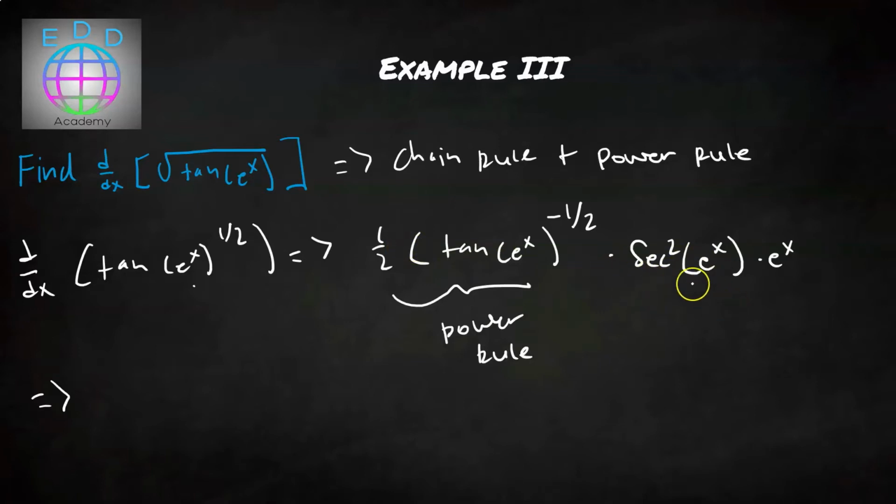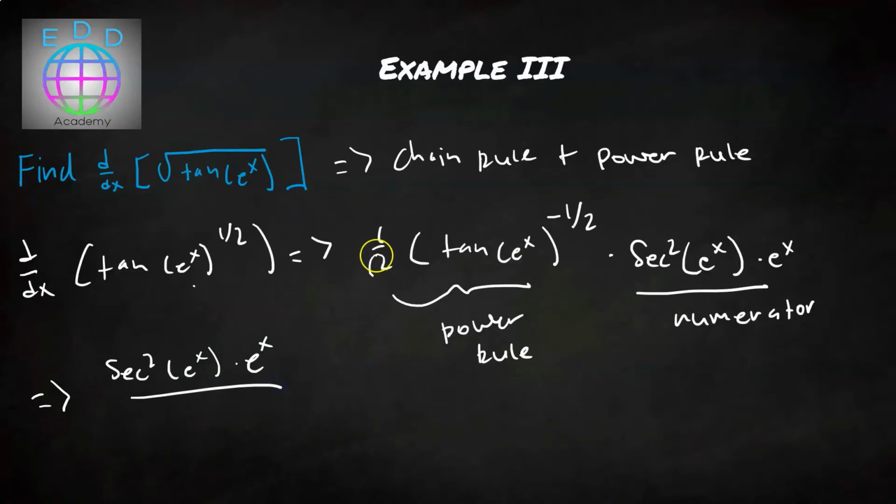And this is our numerator, because this doesn't have any negative exponents. So if we rewrite this, the numerator is secant squared of e to the x times e to the x, all over 2 times the square root of tangent of e to the x.